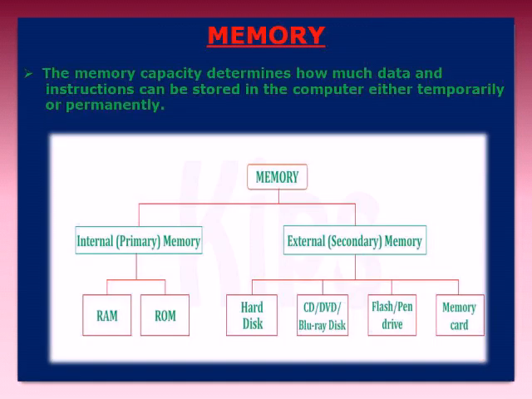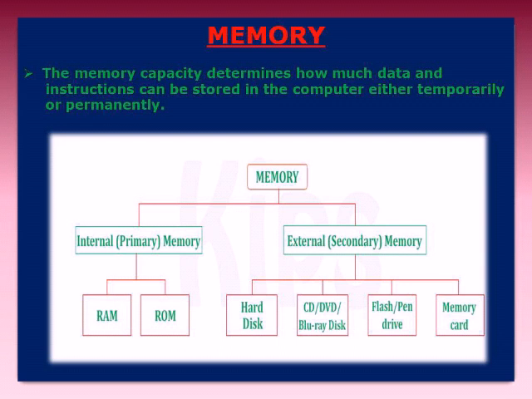Now understand what is a memory of a computer. The memory capacity determines how much data and instruction can be stored in the computer, either temporarily or permanently. Memory of a computer is divided into two parts, internal memory, which is also called primary memory, and the other one is external memory, which is also called secondary memory.